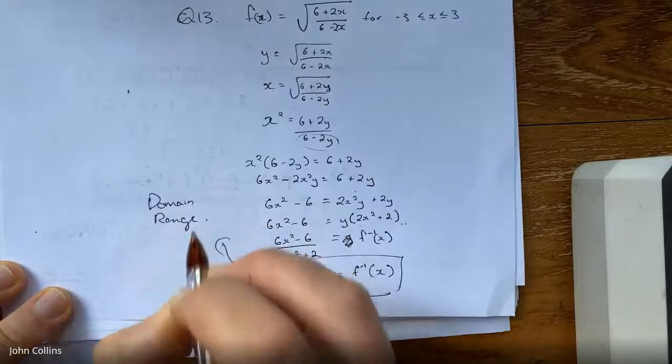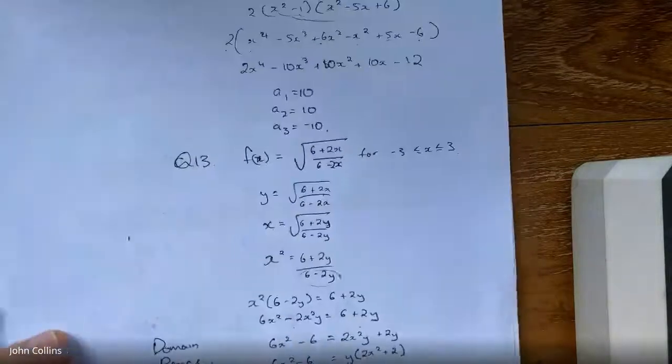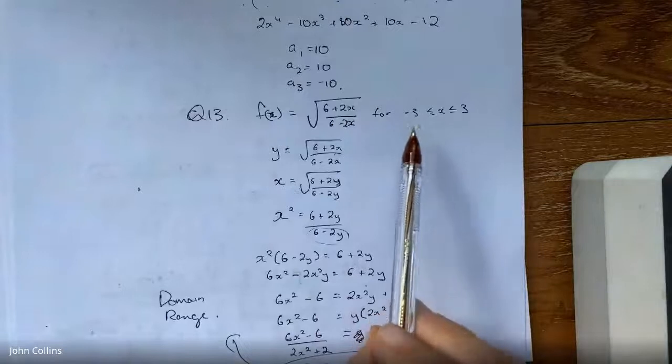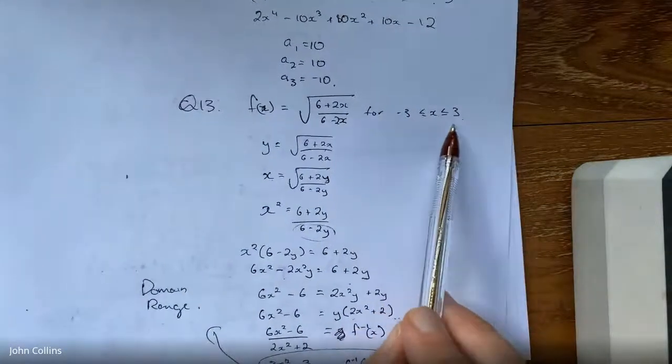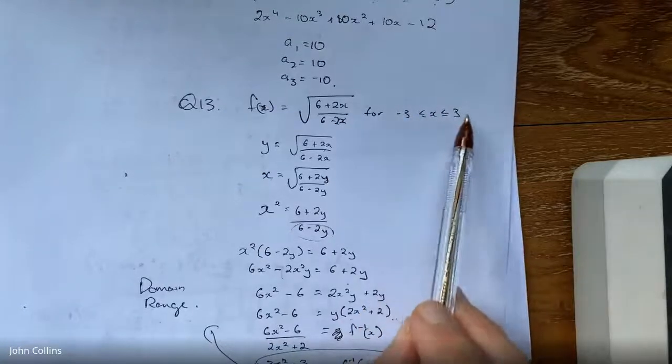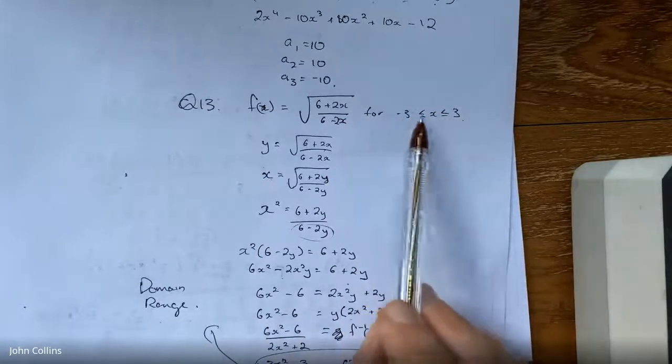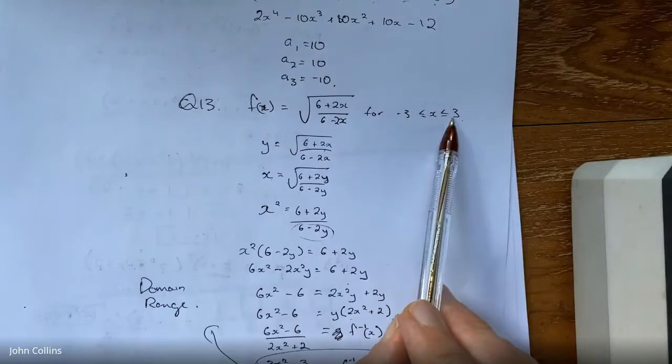Now up here, if we look at the domain of the original, it was very restricted. It only worked between minus 3 and 3 for this function, because why?